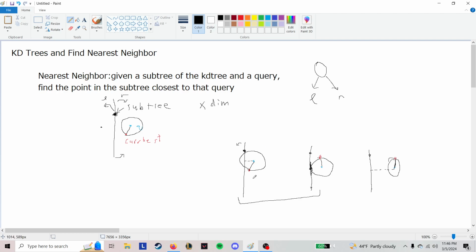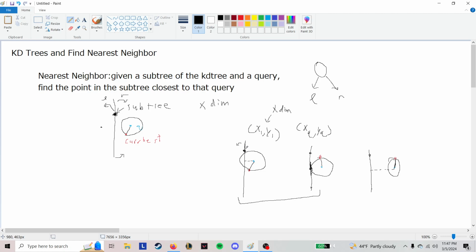In order to calculate the perpendicular distance, remember our original point has some x coordinate, x1, comma y1, and our query I'll call xq, comma yq. If I want to calculate the perpendicular distance, all I care about, in this case, because I split on the x dimension, is the horizontal distance from the x of my query to the x of my point.